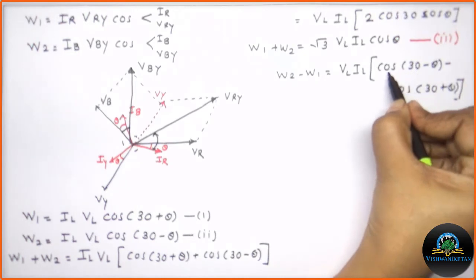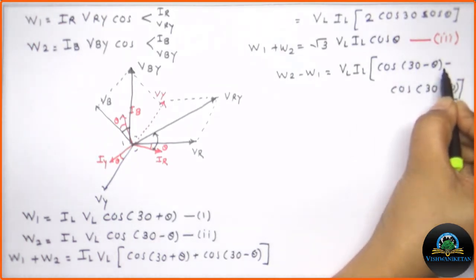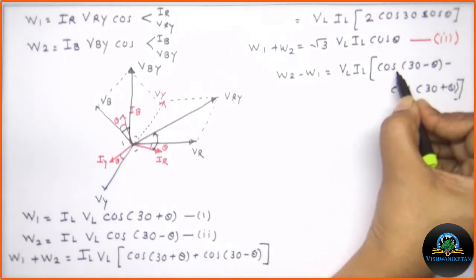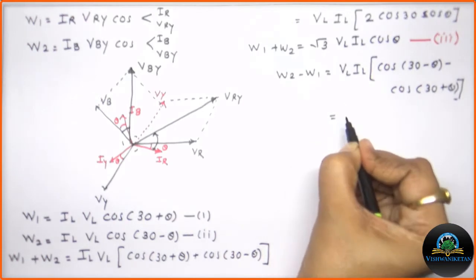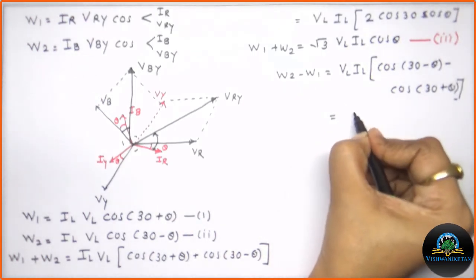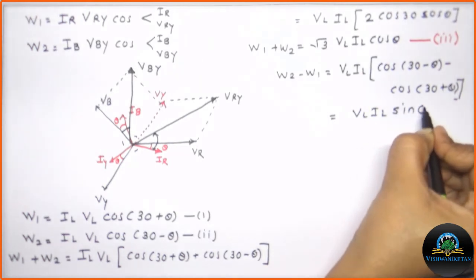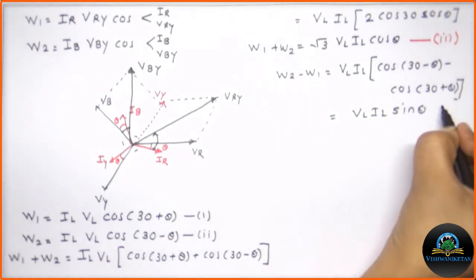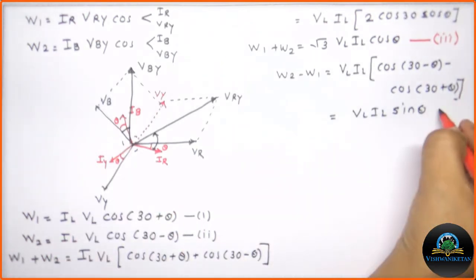Again here also, by using the trigonometric identities of cos 30 minus theta and cos 30 plus theta, after opening the bracket I will be getting VL IL sine theta. This will be my equation number 4.